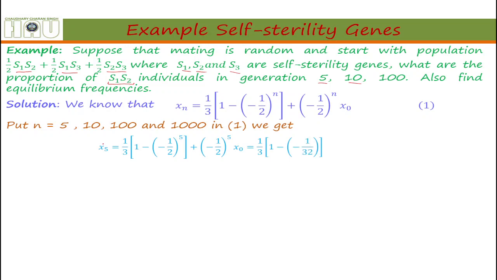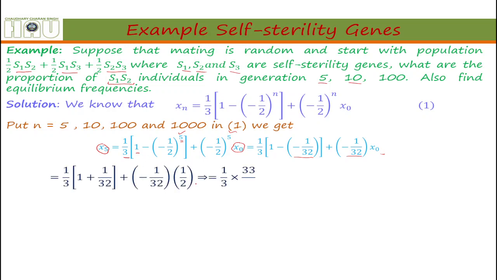So x5 is equal to 1 by 3 times 1 minus minus half raised to power 5, plus minus half raised to power 5 times my initial frequency x0. On simplification, minus 1 by 2 raised to power 5 is minus 1 by 32, so 1 minus minus 1 by 32 plus minus 1 by 32 x0. It is further simplified.